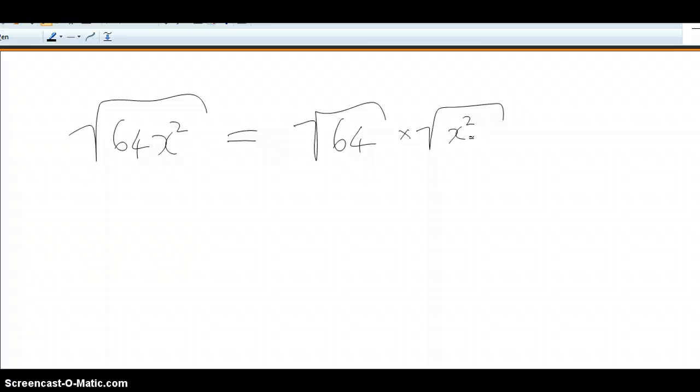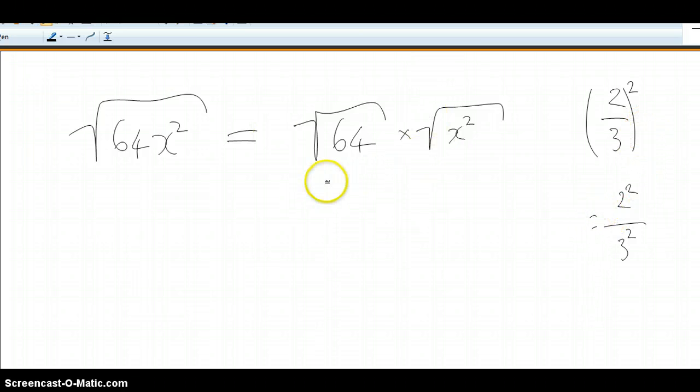It's the same type of theory, I suppose, as the squaring and the division, it doesn't matter what order you do things. Okay, so those two things are the same as are those two things. Square root of 64. Square root of x squared.